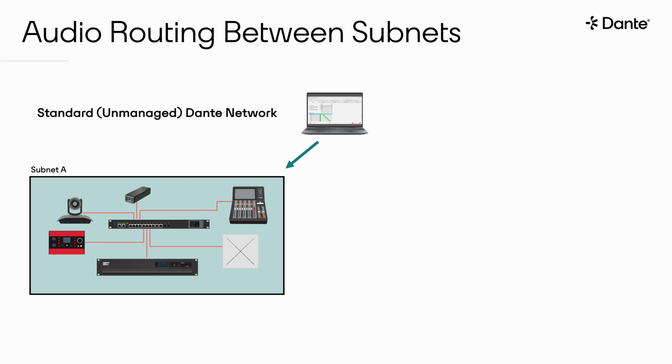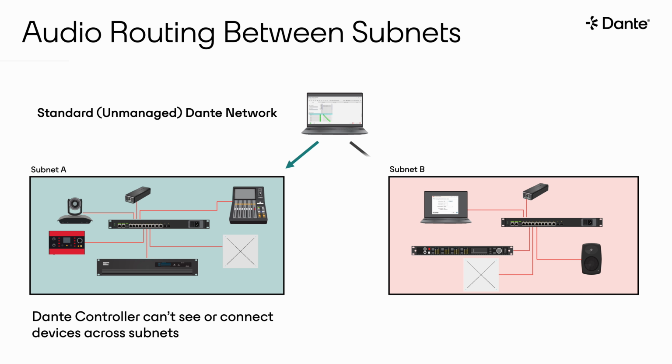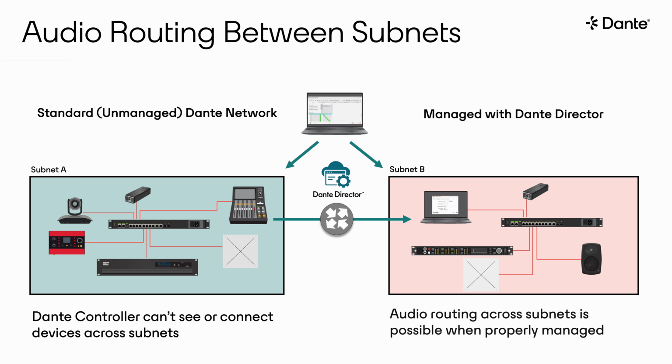If you have Dante devices spread across multiple network segments, Dante Controller won't be able to see all of them at the same time, and it definitely won't be able to create subscriptions between them. That's where a managed Dante environment comes into play. By using Dante Domain Manager or Dante Director, you unlock the ability to route audio across subnets, as long as those subnets are properly routed and reachable.